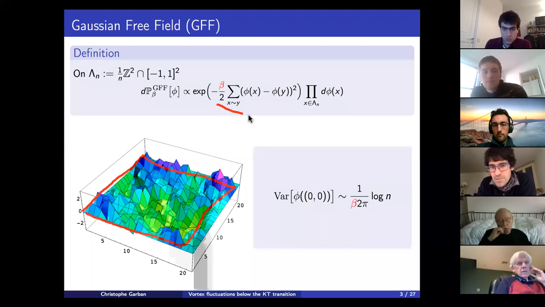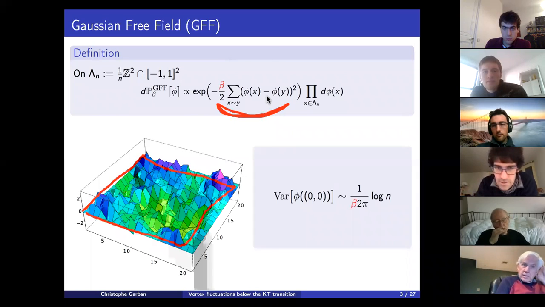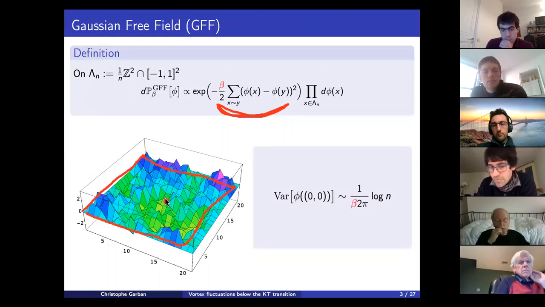As we have a quadratic form in the exponential here, it's obvious that we are in the presence of a Gaussian vector. The first thing you may compute, for example, is the variance of the Gaussian random variable of the field that you have in the middle of your box.